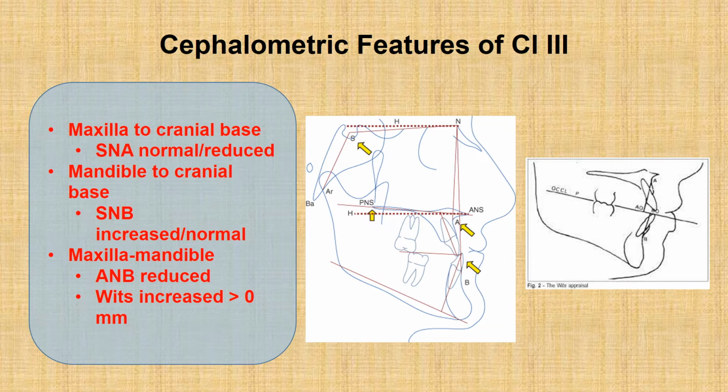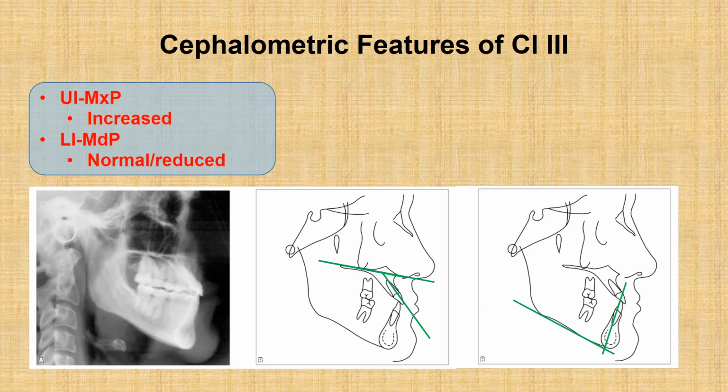Now, the maxilla to mandibular relationship, as reflected by the ANB angle, is reduced, and the Wits measurement gives a reading of less than 0 millimeters, which will be a negative measurement.